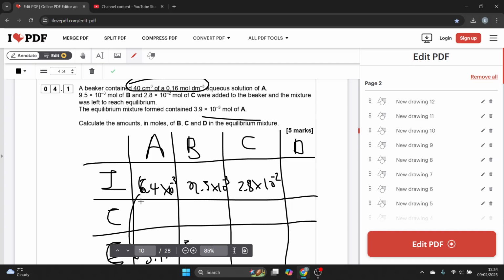Initial amount of moles of A, 6.4 times 10 to the power minus 3. The equilibrium mixture formed contained this many moles of A. Perfect.